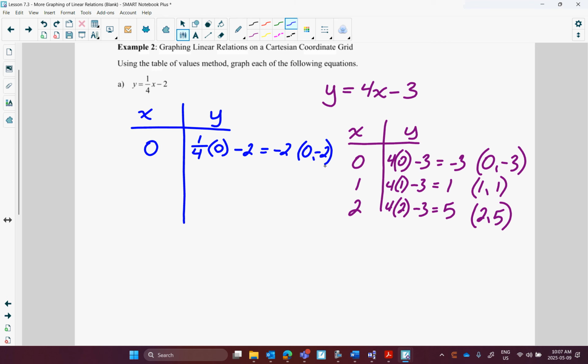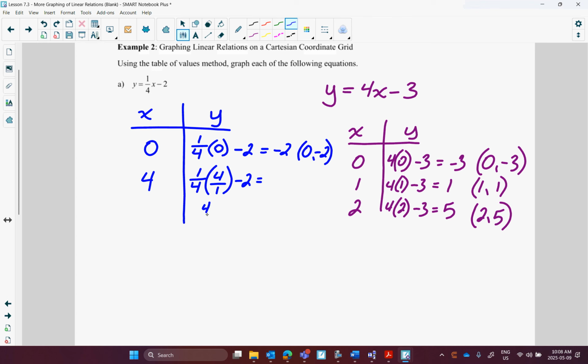Because watch what happens. 1/4 times 4, which is the same as 4/1. Well, what's 1/4 times 4/1? What's 4/4 the same as?